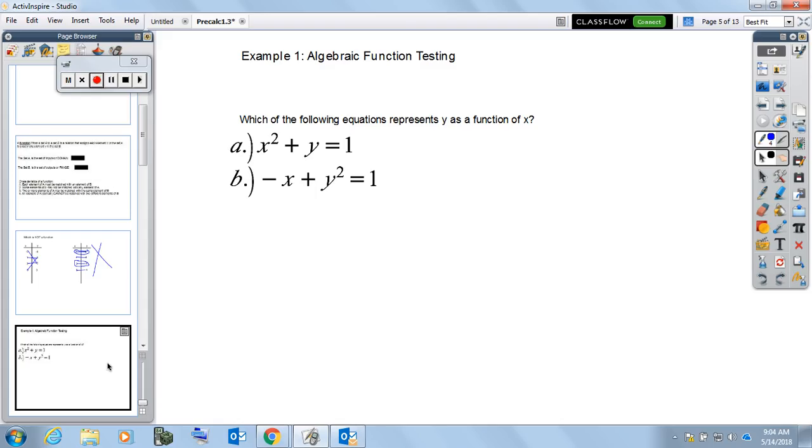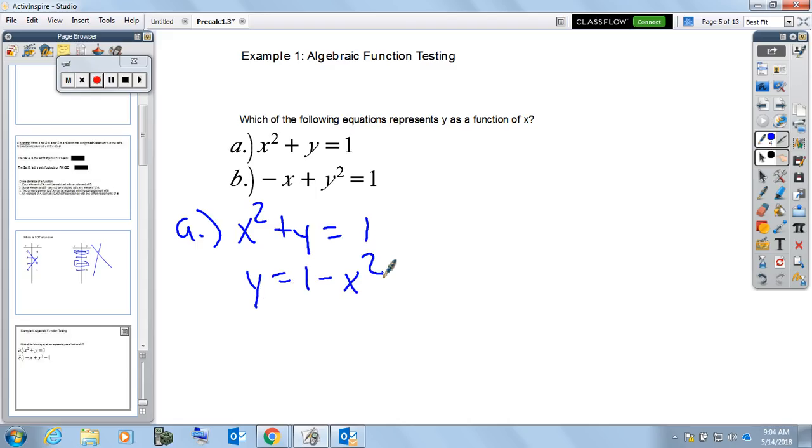And so let's take a look here. In this first one that we see, part A, we're looking at something that we've hopefully seen in the past. So we say x squared plus y equals 1. Let's go ahead and solve for y. So y equals 1 minus x squared in this case. And so again, you want to ask yourself, did we find y in terms of x? Well, yes, we did.